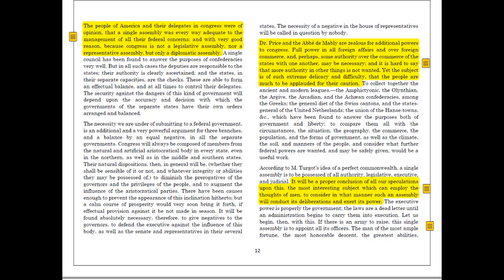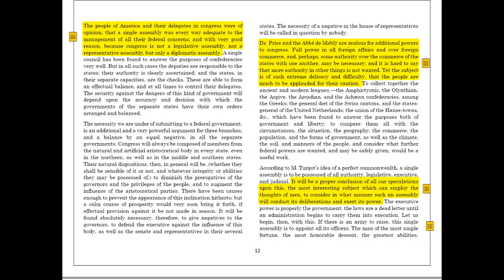So what Adams is saying here is, I realize that the central government is weak and you foreigners are frustrated in trying to negotiate treaties with the United States because the government you're negotiating with doesn't have the power to enforce its rules on the state. So it's hard to say that more authority in other things is not wanted. Adams is conceding, right?